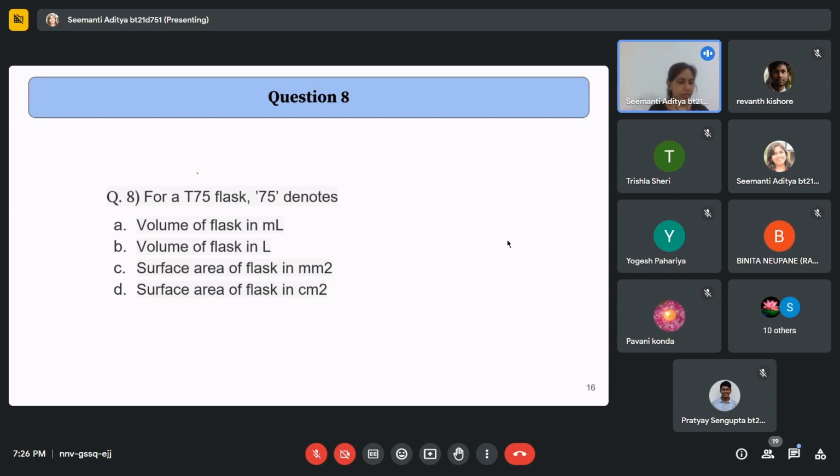Yes, so the correct answer is option D. T75 means 75 square centimeters surface area of the flask. So option D is correct.